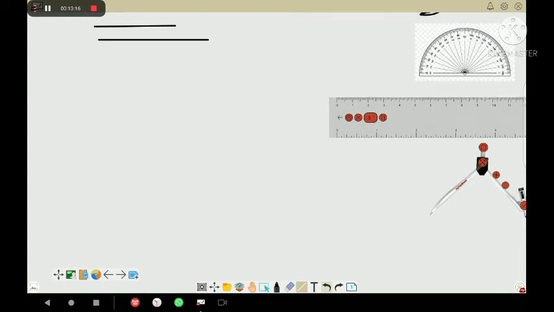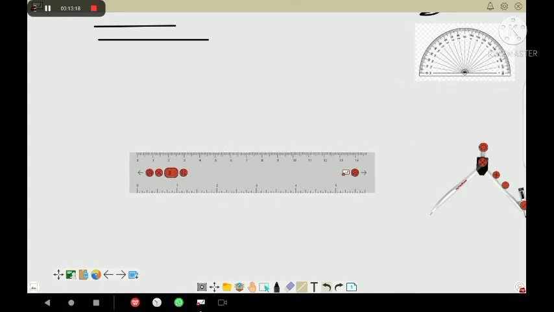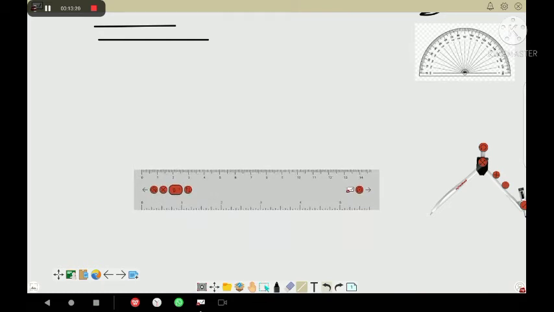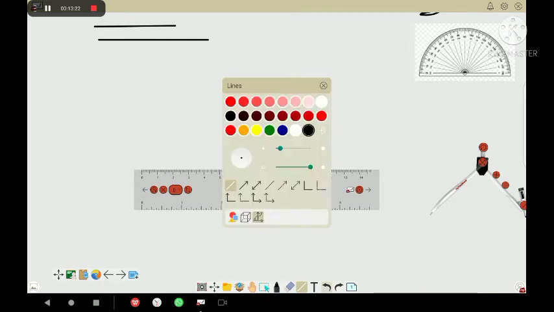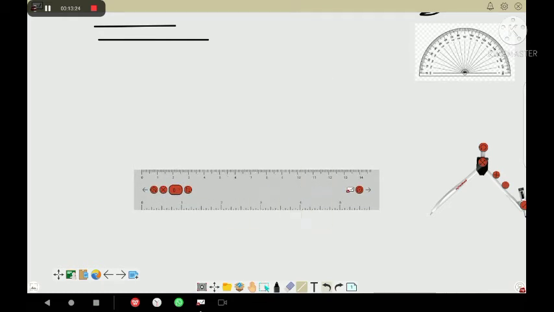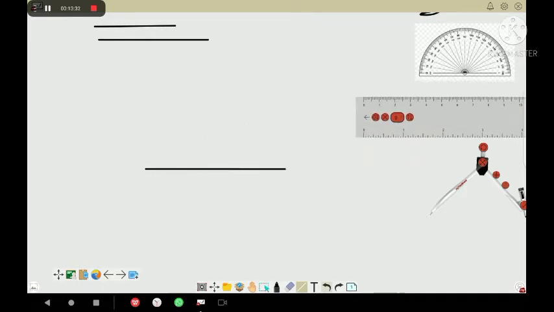we draw the base by using a scale, or we can draw in this way. First we draw one line, then from the line we will cut the length of the side, that means 5 centimeters. So by compass we can do it.